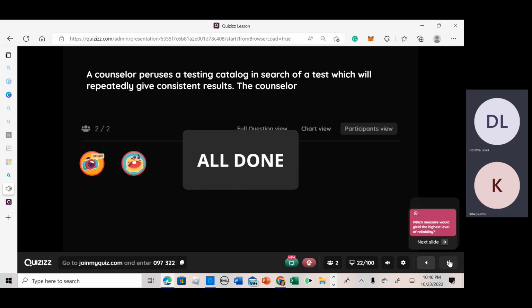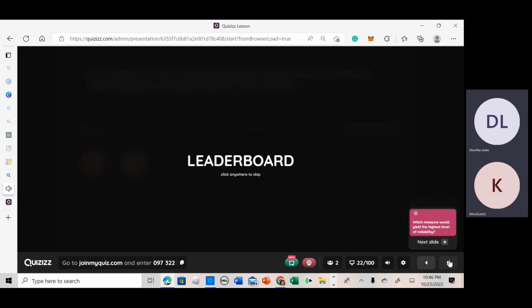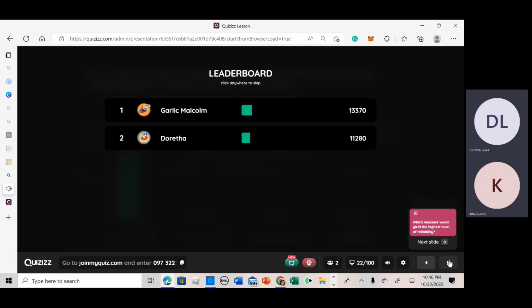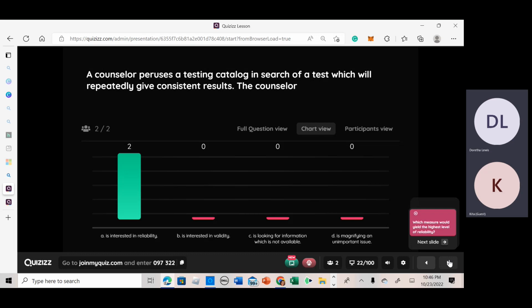A counselor peruses a testing catalog in search of a test which will repeatedly give consistent results. The counselor is interested in reliability.